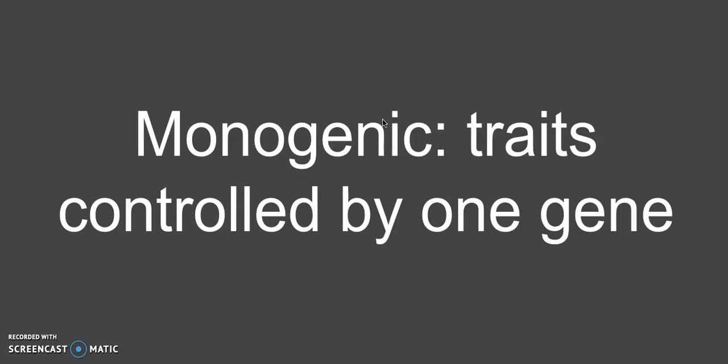There's a lot of complications. So we're just going to assume that the traits that we're talking about are determined by one single gene that has two different alleles that it can be.